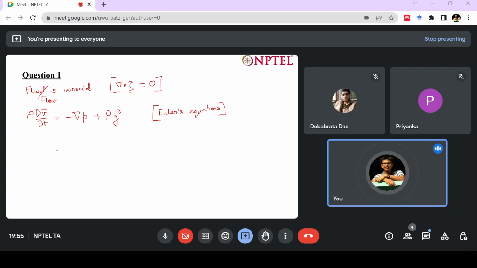Before that we have to do certain simplifications. If I break this first term, this is del v del t plus, in bracket, v dot grad v.